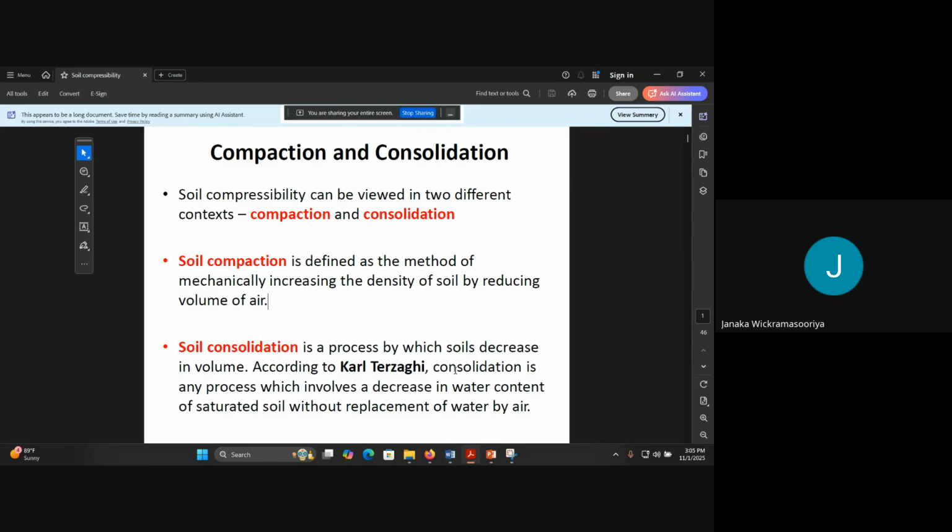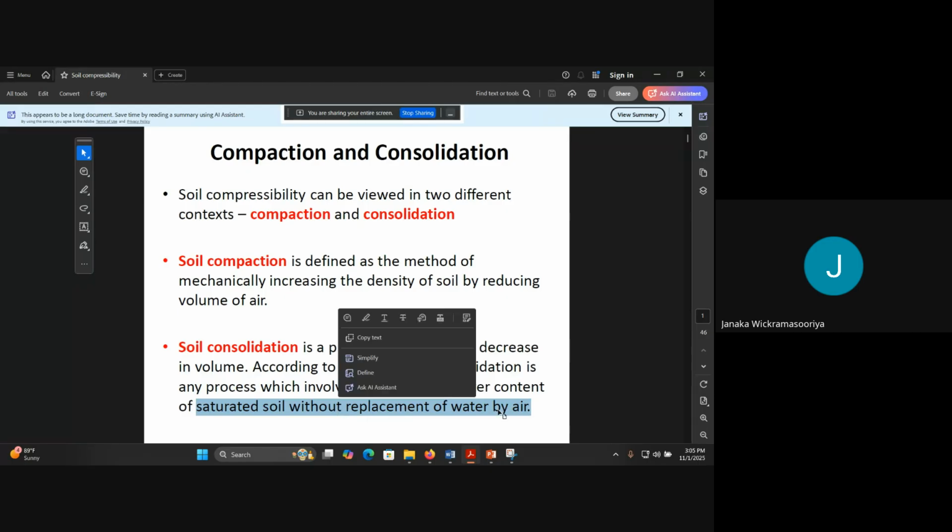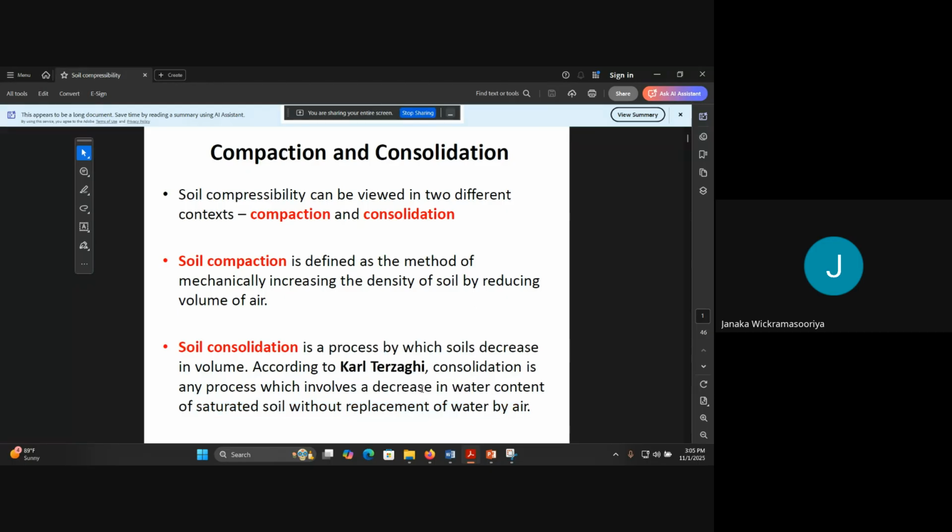According to Karl Terzaghi, consolidation is any process which involves decrease in water content of saturated soil without replacement of water by air. I mean, here, decrease in water content. So consolidation deals with decrease in water content, but soil compaction deals with reducing the volume of air.